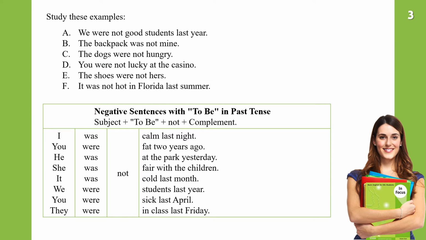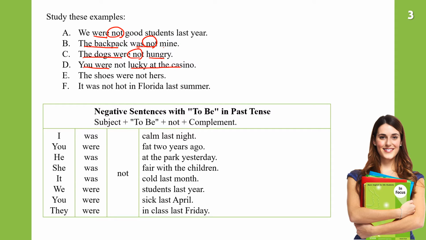Take a look at those sentences. We were good students last year, but we were not good students last year. The backpack was mine. The backpack was not mine. The dogs were hungry. The dogs were not hungry.